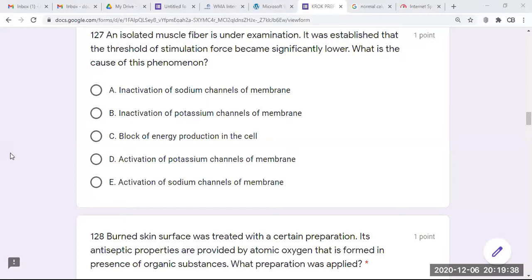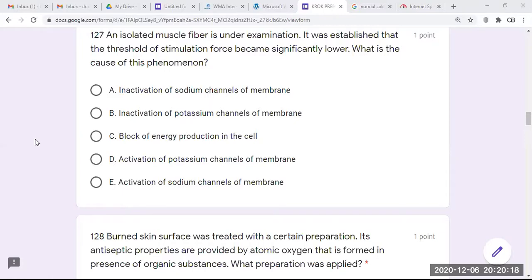So they said an isolated muscle fiber is under examination. It was established that the threshold of stimulation force became significantly lower. What is the cause of this phenomenon? Like I said, at the threshold potential, in an ideal case, the resting membrane potential is minus 70, and there has been an influx of about 10 of calcium channels, then you don't need to stimulate this cell so much to reach the threshold potential.